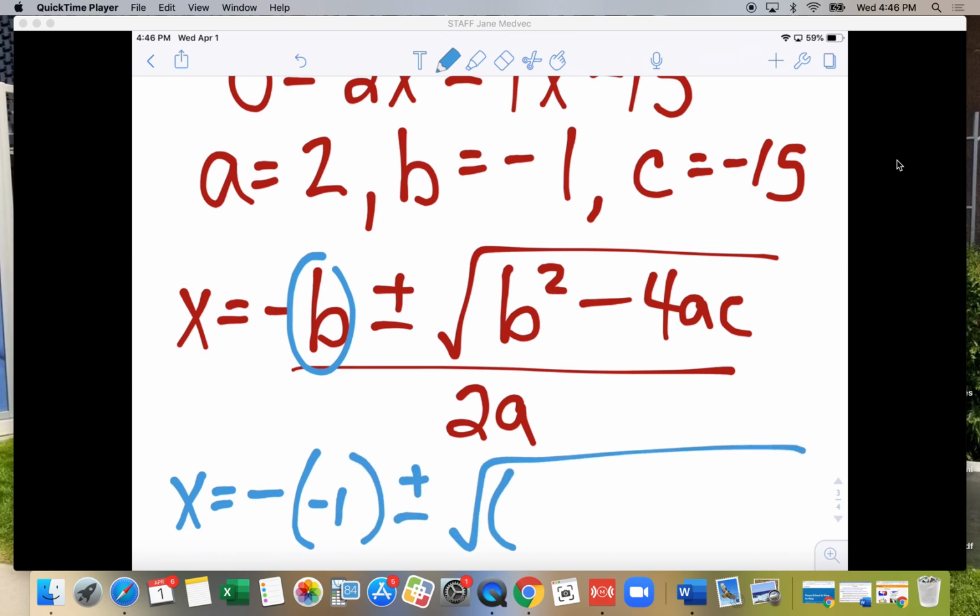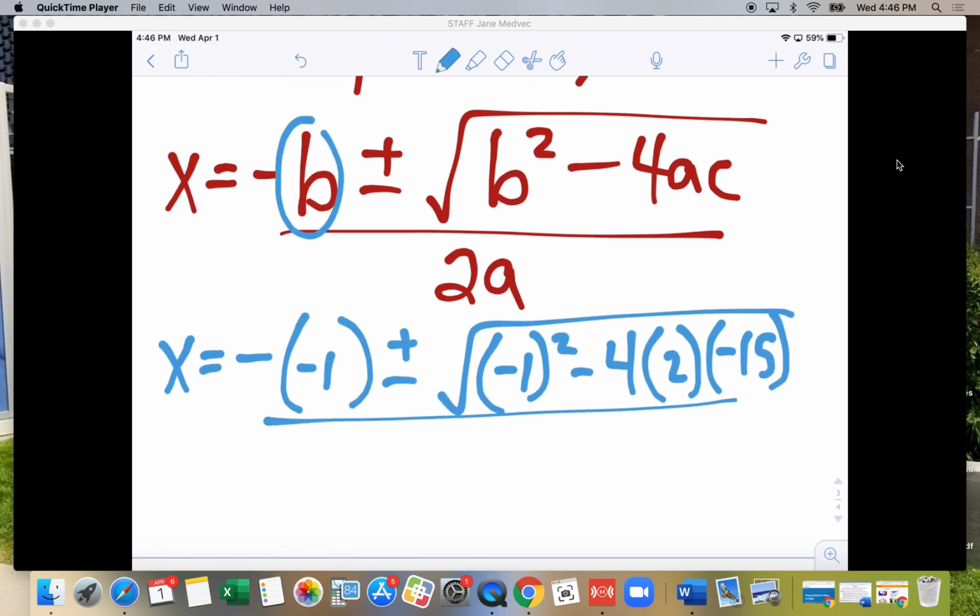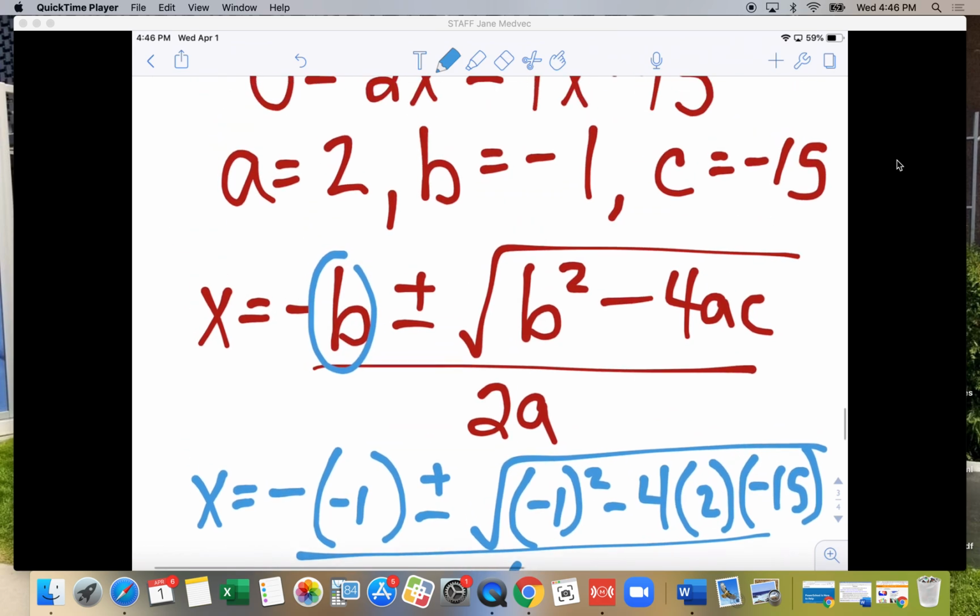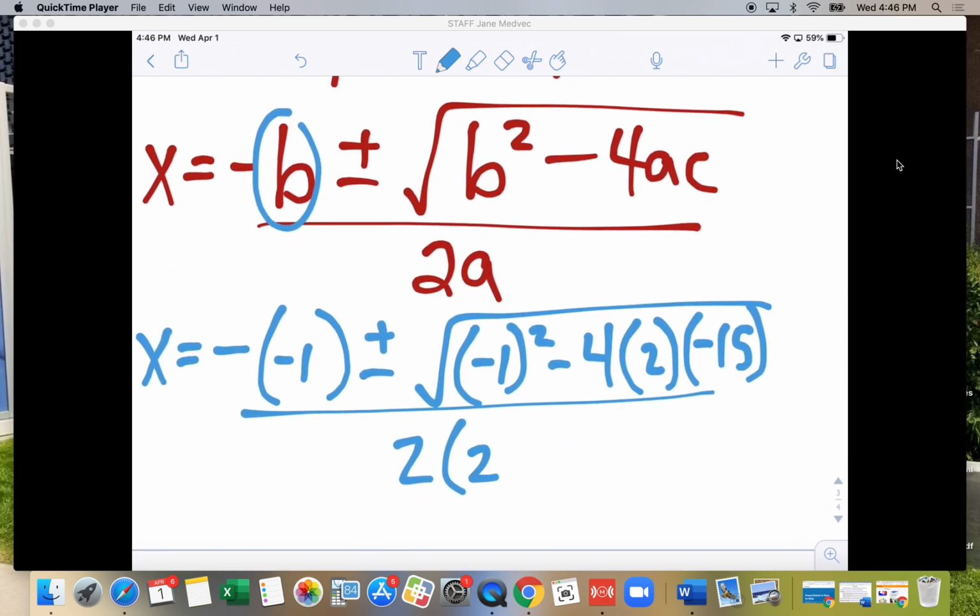I'm going to grab my b again, and I'm going to use parentheses, especially because it's a negative number. Minus 4 times, I'm going to grab my a, which is 2. I'm going to grab c, which is negative 15. And I'm going to put it all over 2 times a, and a was 2.